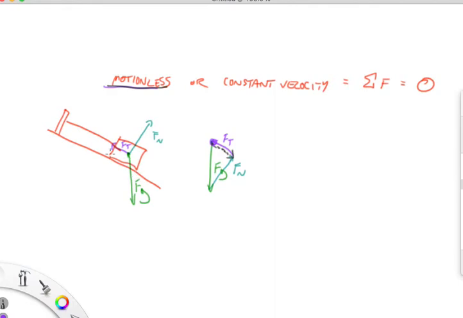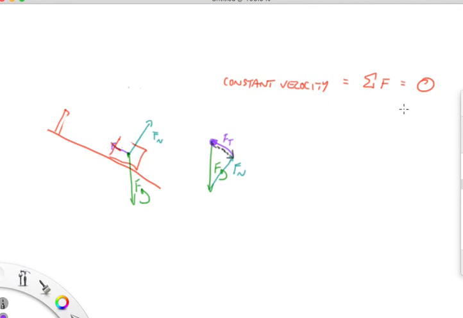We could say if the string was cut, for instance, let's just cut the string. I'm going to make this problem a little bit different. Instead of being motionless, let's say this box has constant velocity. So now we won't have the force due to tension. But if it's in constant velocity, that means that there's no overall force pushing it and accelerating it down or slowing it down up this way.